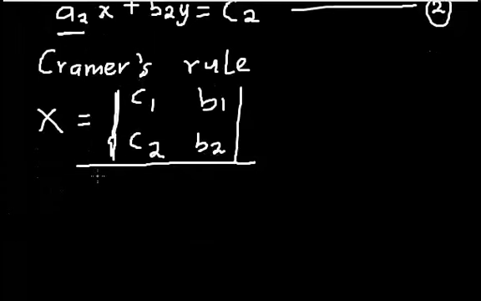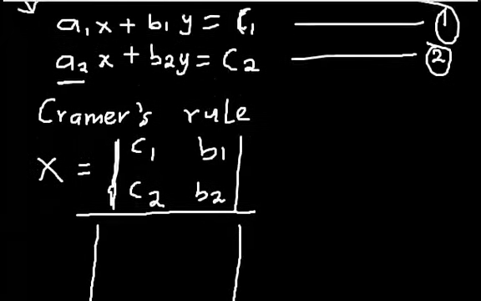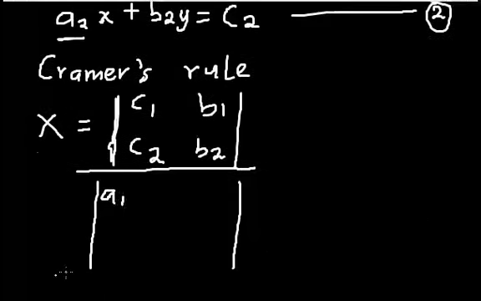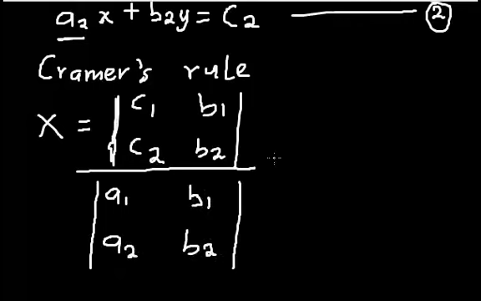Then I divide it by the coefficients of all the variables, including x, in ascending order: a1, a2, b1, b2. This is how we find x.